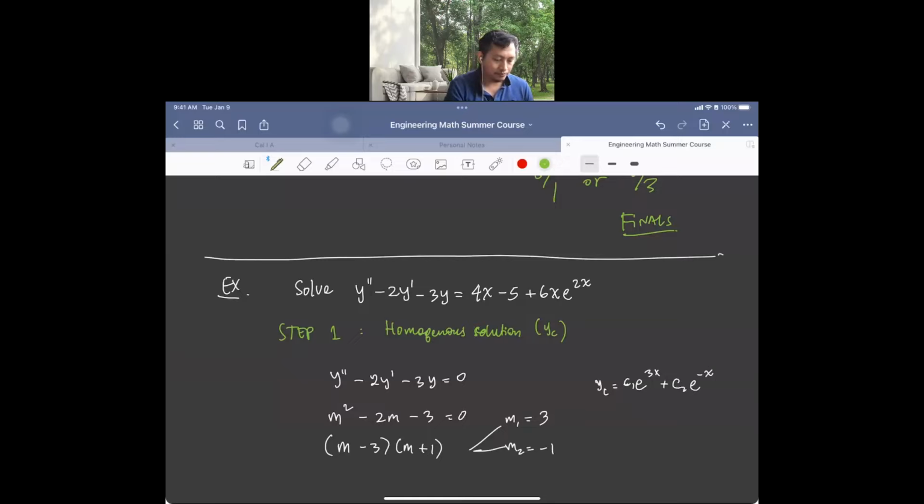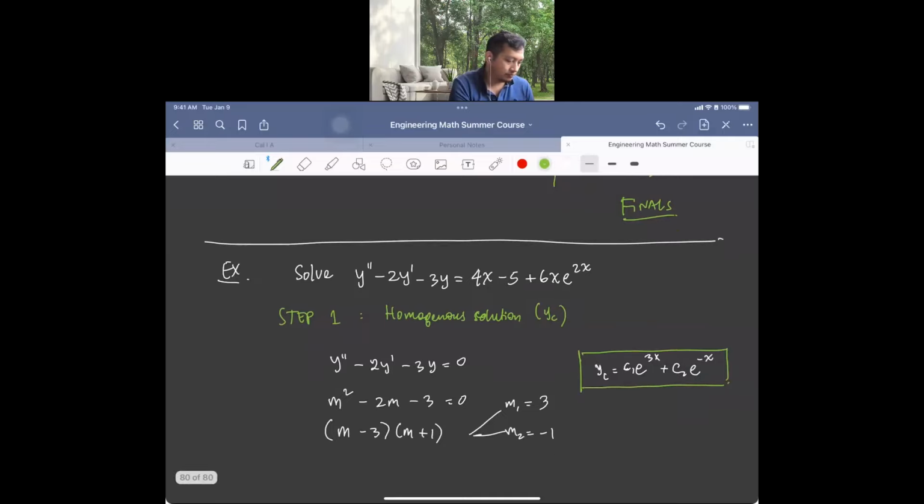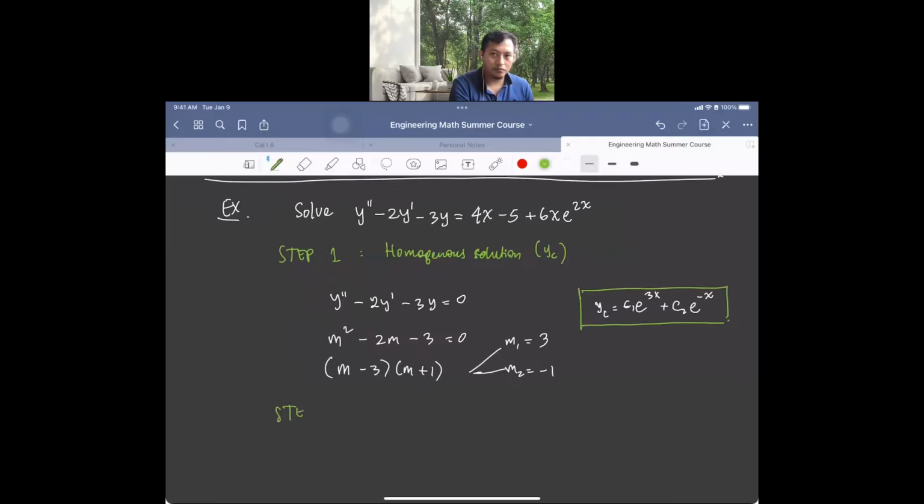So this is the first step, right? The second step, we are going to solve whether this has a particular solution or not.